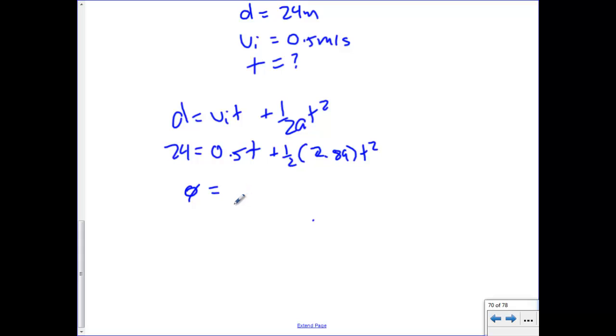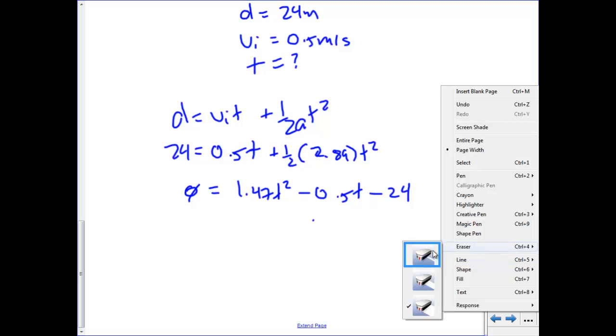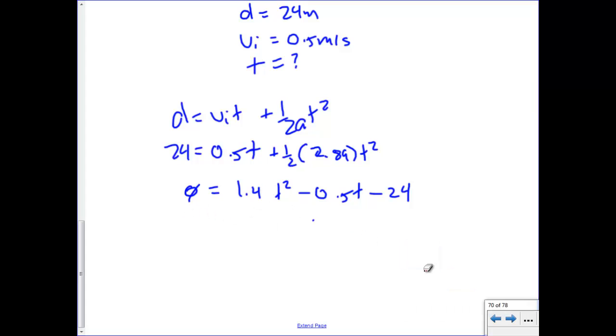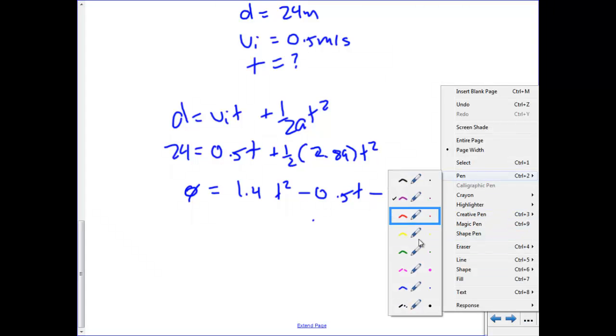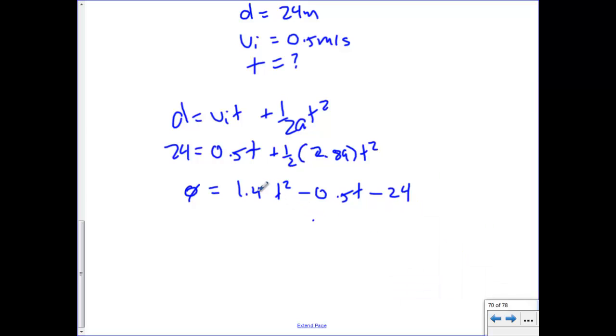Okay. 0 equals, let's see, what's 1/2 of this number? Like 1.45 t squared minus 0.5 t minus 24. Oh, you're just telling me. I gotta use the quadratic formula now. I used 1.4, no, not 1.47. Yeah, I should have 4 there. I got 1.44 here.